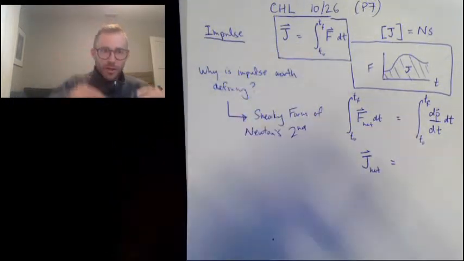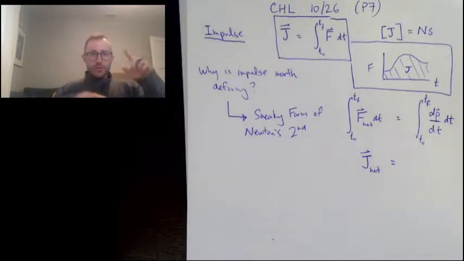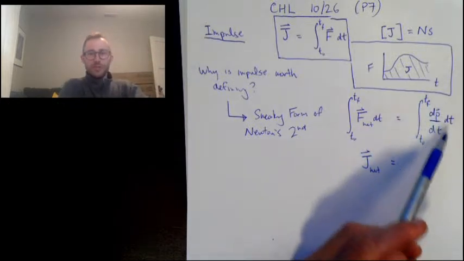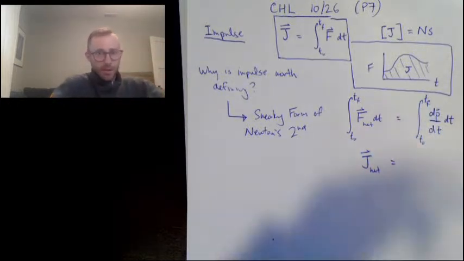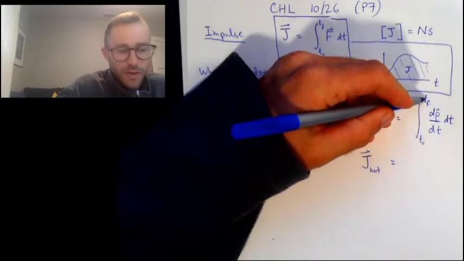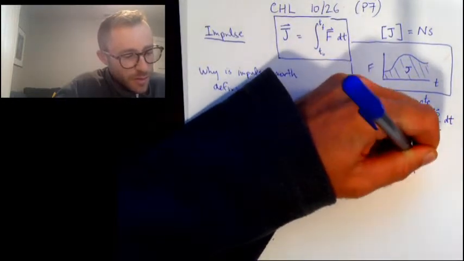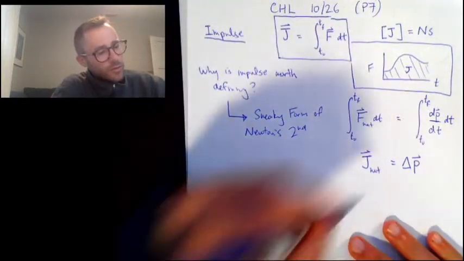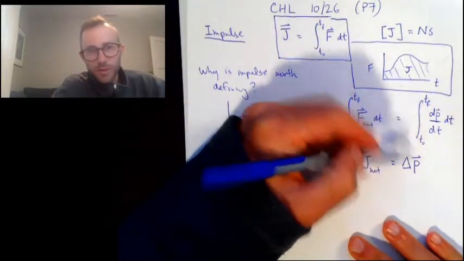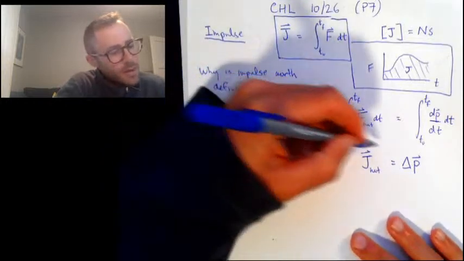So remember, integration and derivatives are reverses of each other. So if we integrate the derivative of the momentum, we just get back the momentum. And actually, because it's final minus initial, it's going to be the change in momentum of the object. So that's kind of the fundamental theorem of calculus, if you will.